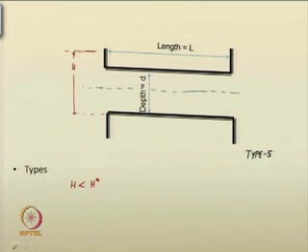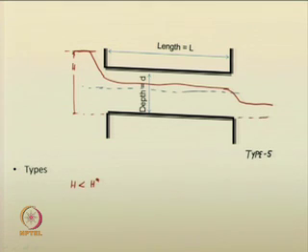Your flow profile will be such that from here it goes like this, and at the tip it goes into the YT, that is depth YT, tail water depth is YT.